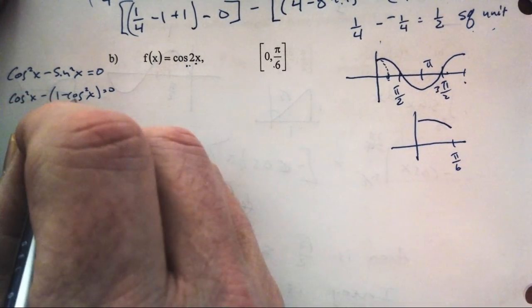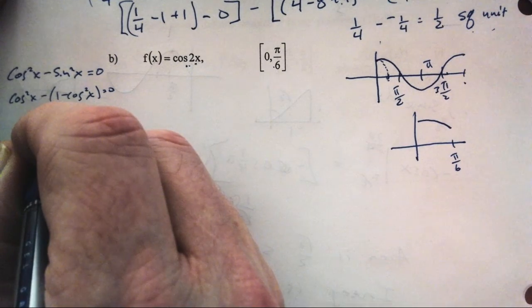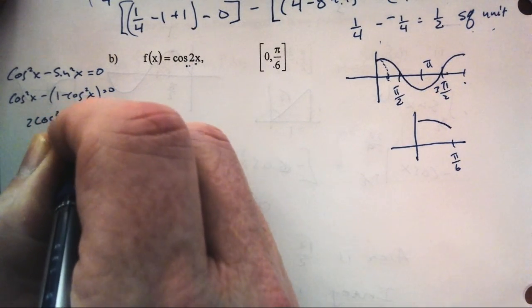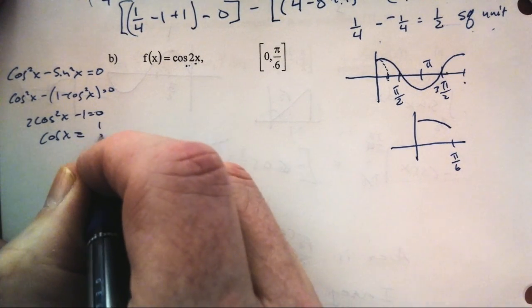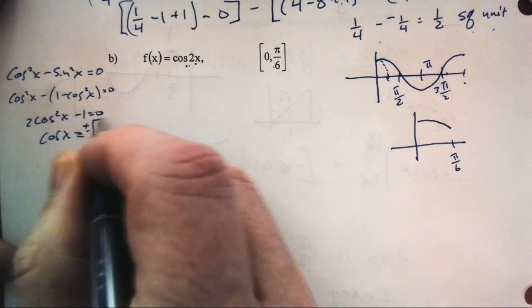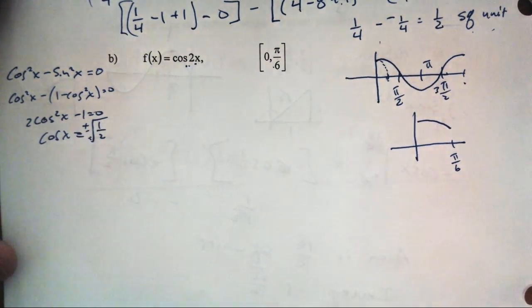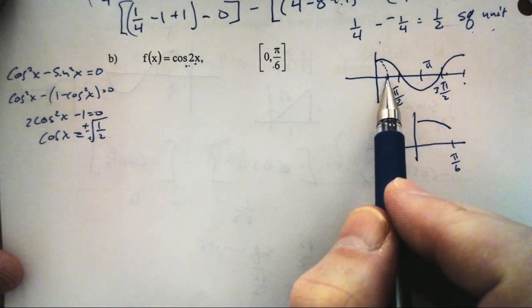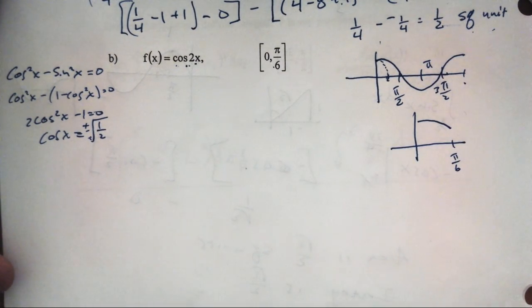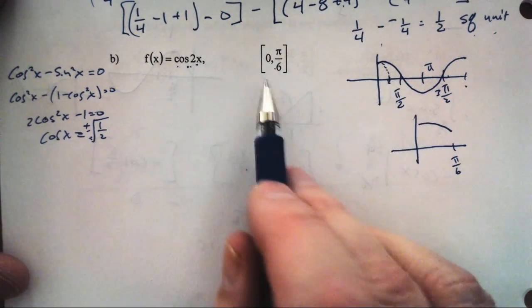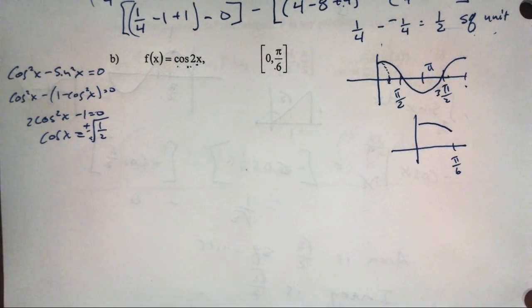I get 2 cosine squared of x minus 1 equals 0. So I get cosine of x equals plus or minus square root of 1 on 2, and that happens at 45 degrees or pi on 4. So same thing as we get here. We solve this as a double angle, and we still would find out that from 0 to pi on 6, we have no worries. So all we need to do is find the integral of this.